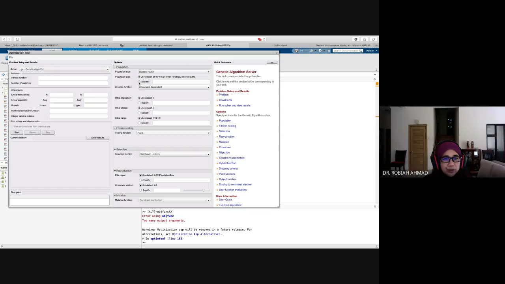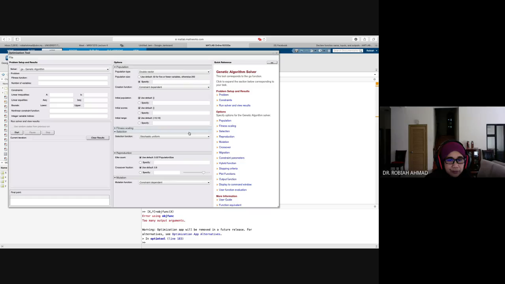Population size is the one I described just now, let's say 20, and this is the thing we can play around with the most. Fitness selection is using stochastic. There are different types of selection method; the one I described to you is the roulette wheel.